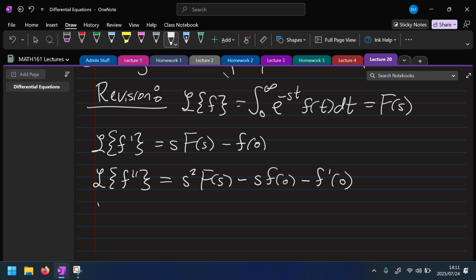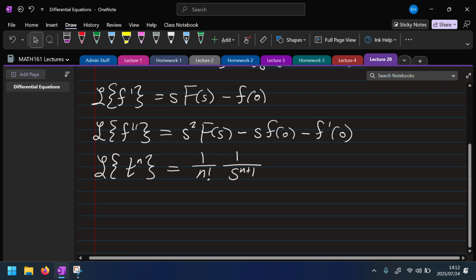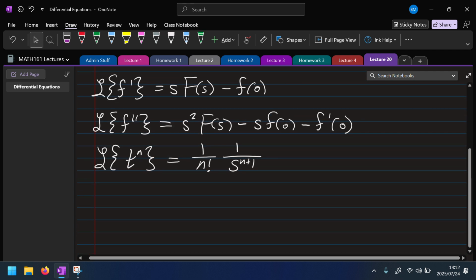The third one, the Laplace transform of t to the n, for some exponent n. Okay, so t squared, t cubed, and so on. This is going to be equal to n factorial, whatever that exponent was, times 1 over s to the n plus 1. Yeah, that was quite easy to prove using by parts again. Okay, then we had these two special cases with the trig functions.